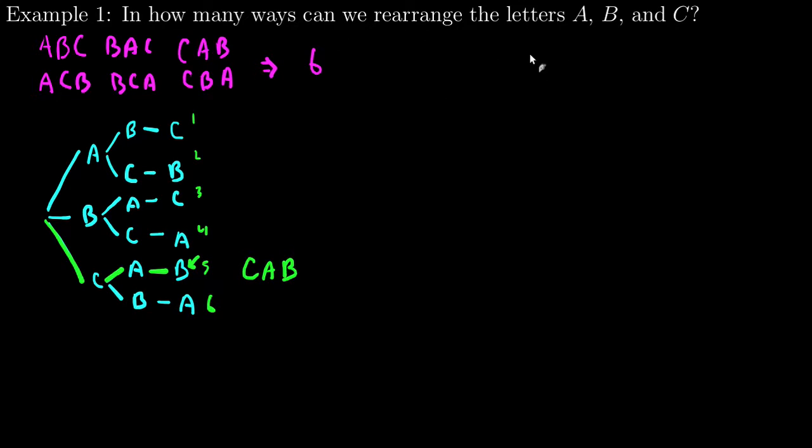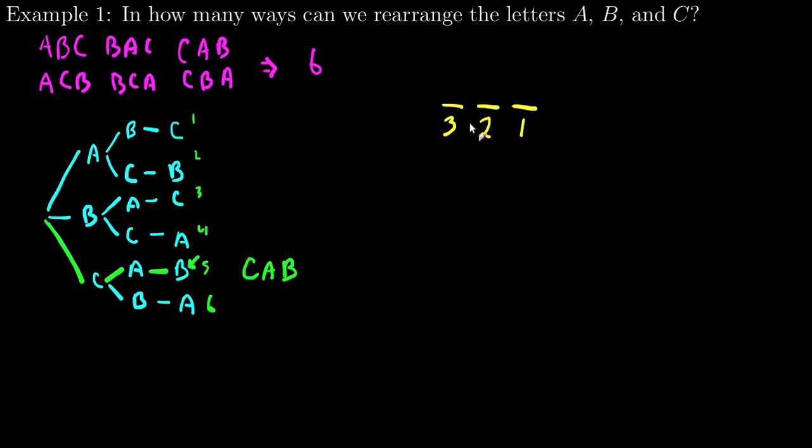If I'm rearranging 3 letters, I really have 3 spaces to fill. This first space, I have 3 symbols or letters to choose from, so there are 3 choices there. When I've filled this up, then I only have 2 choices left over. And when I've filled both of these, I only have 1 choice left over.